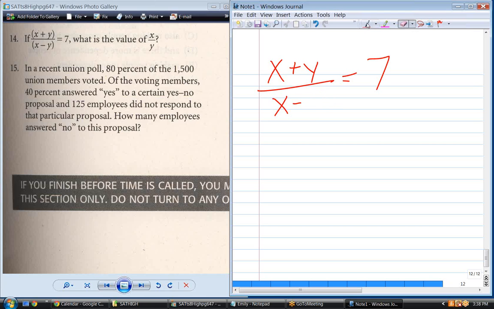Oh. Okay, so would I have to solve and get the y's on one side and the x's on the other? Well, right off the get-go, I'm not sure. And when you're not sure, you generally do whatever you can do. So let's multiply both sides by x minus y, just to see what happens. I'm not sure what's going to happen.